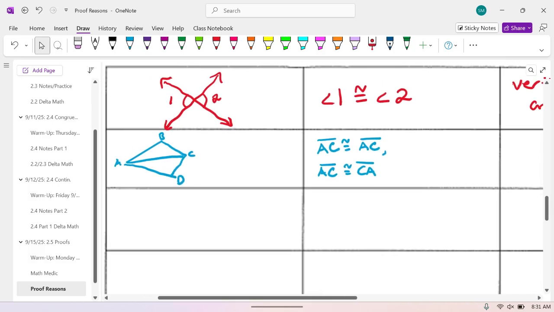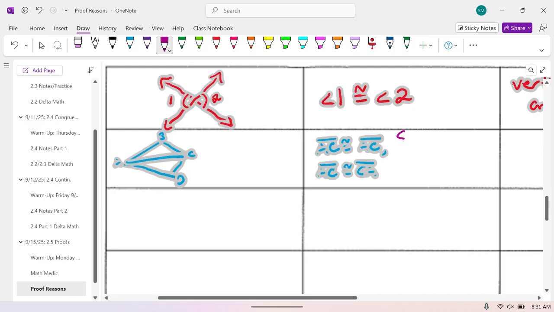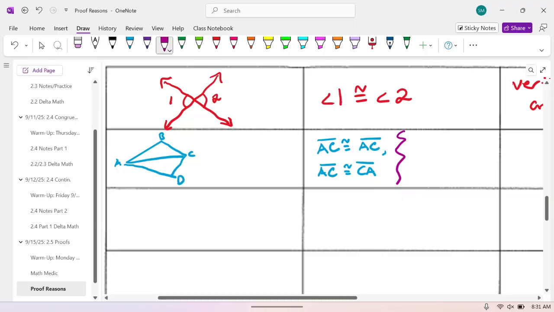That's one way you might see this particular property. Another way you might see it is if you have a picture that looks like this.